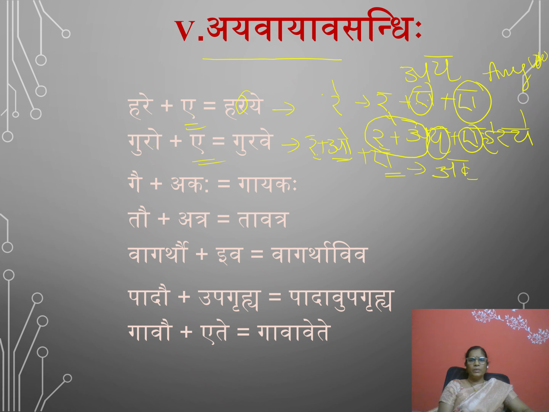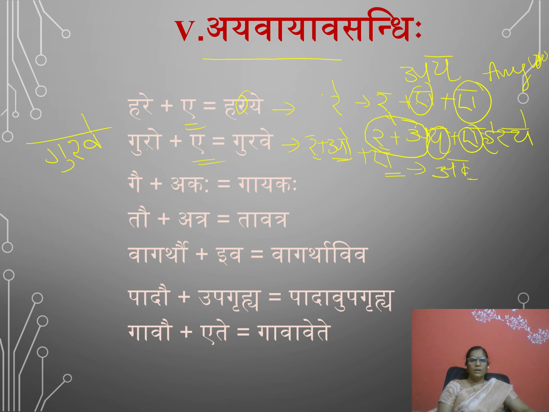Then Ru plus A, R. So gu first, in guru, we are writing like that only. Ro in that will become ava. So ro plus a, ra, and vu plus a, ve, gurave we got.